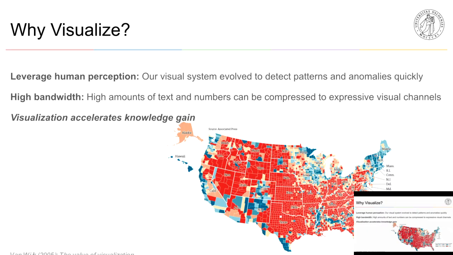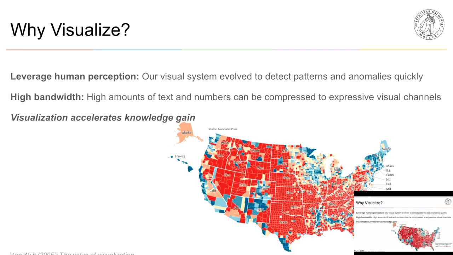And we are also leveraging this high bandwidth. If you wanted to explain this map using text and numbers, you would need a high amount of it. It would be many pages, right? But now I can compress all this information into these visual channels instead.